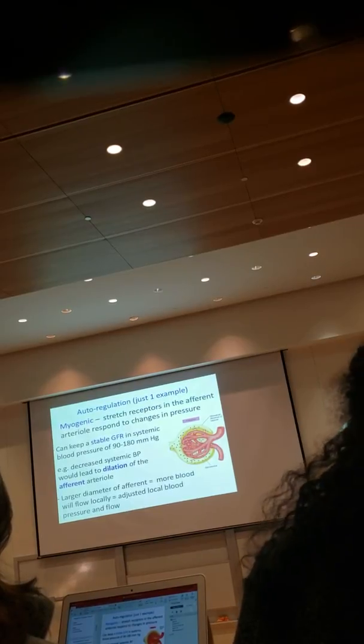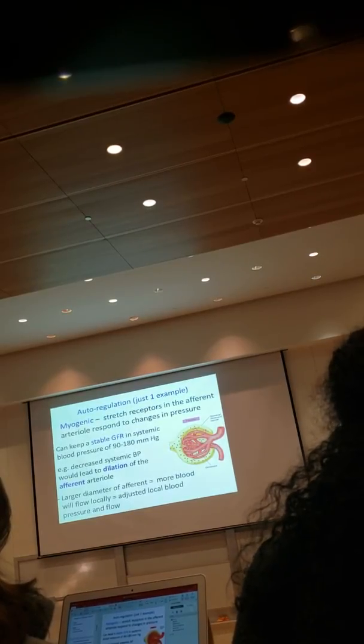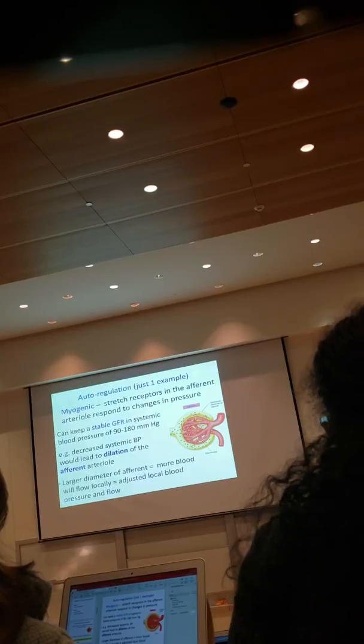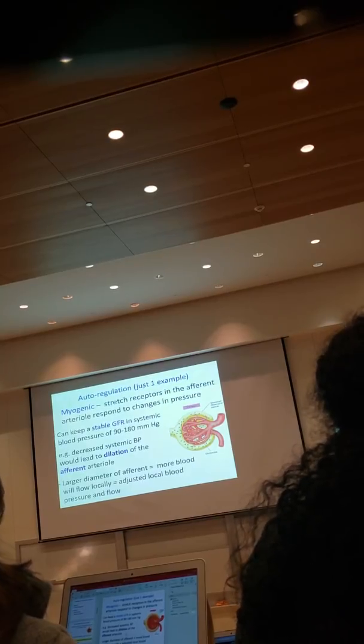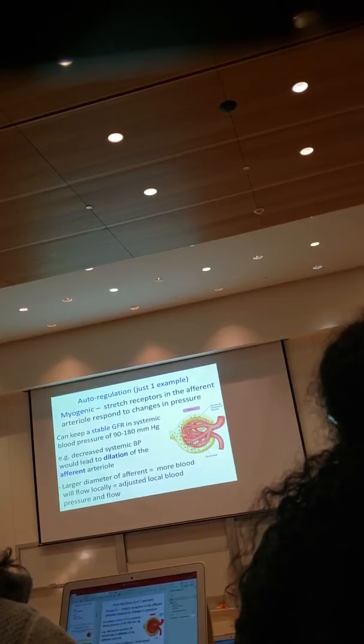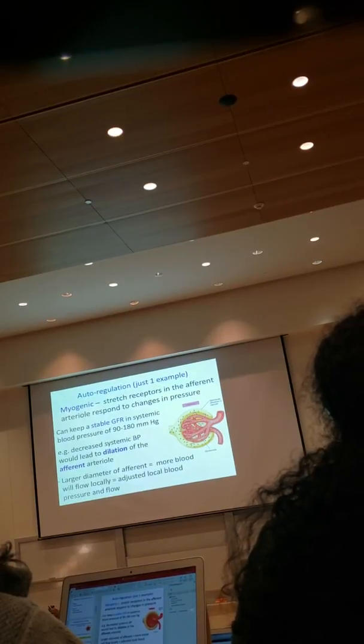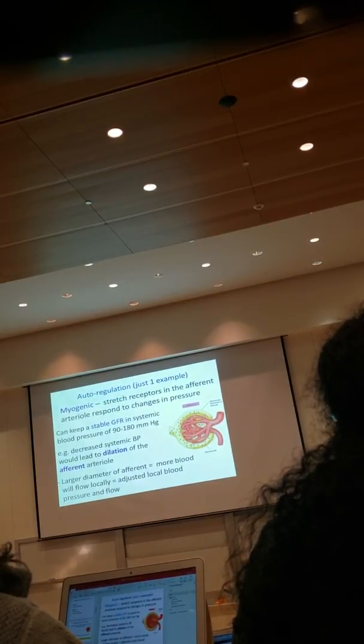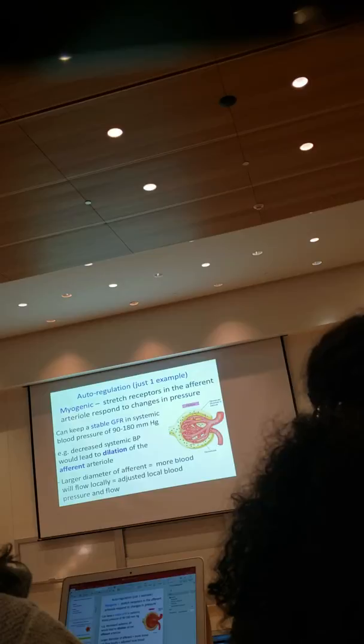What's the effect of this dilation on the systemic blood pressure? If we dilate, would that increase or decrease systemic blood pressure? Decrease, right? We had lower blood pressure, we just opened more locally, so the systemic will decrease. The local change is doing the opposite to the systemic.